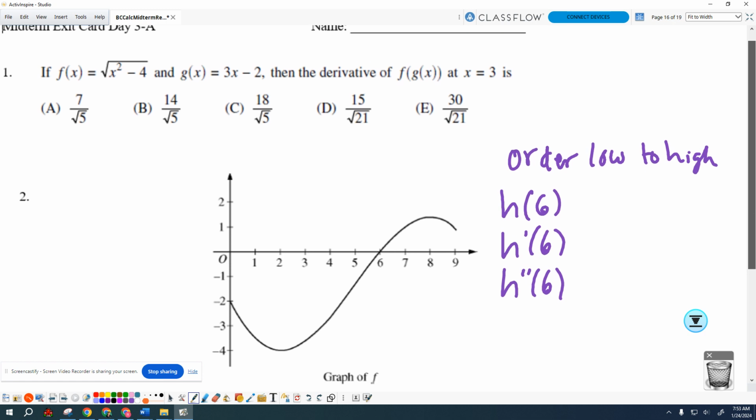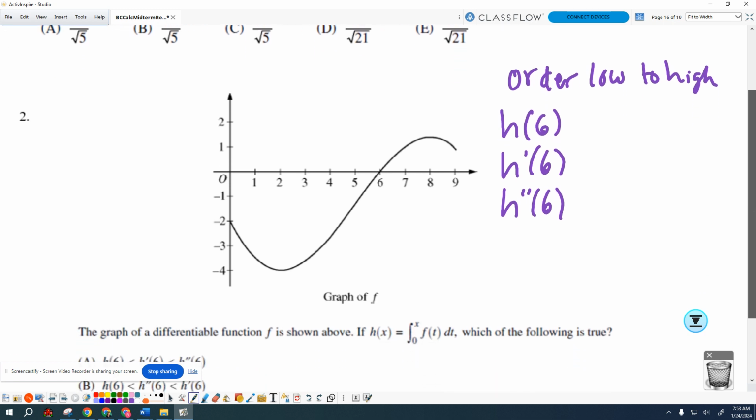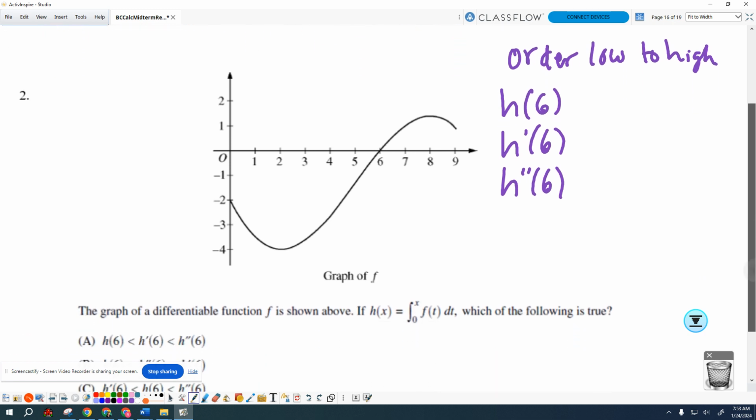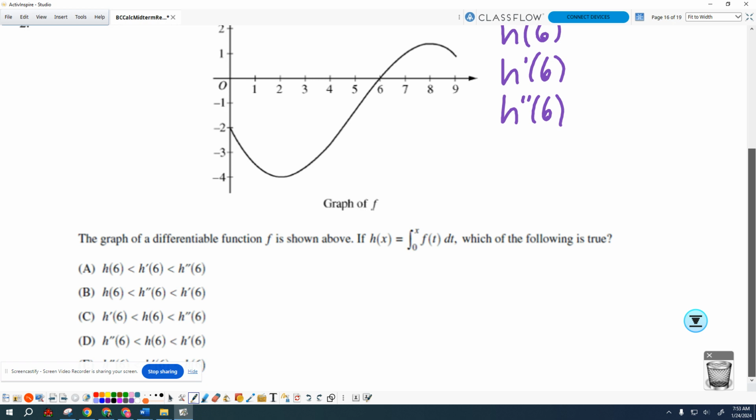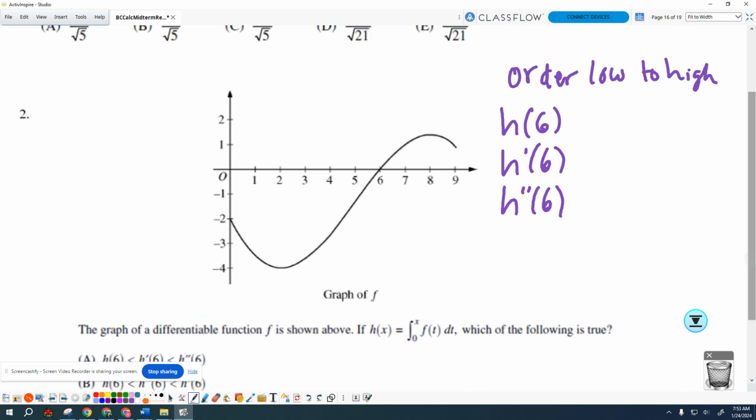So the second one is just the multiple choices, having all the possible combinations of h prime and h double prime. What is h of 6 given that? This is a graph of f.